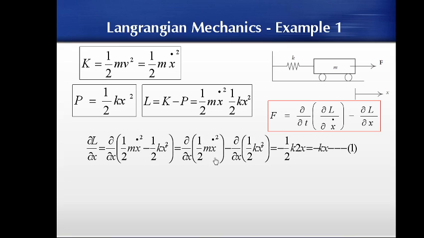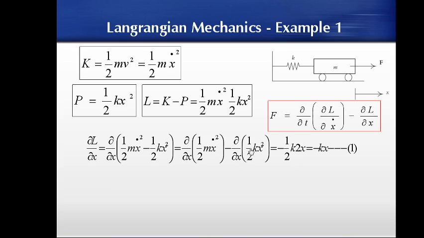In this case, you can see the first term doesn't have any terms with x, because ẋ is different from x, since ẋ is equal to ∂x/∂t. So this term will give you 0, and here you can see this has an x term, where ∂/∂x of xⁿ is equal to n into x raised to n minus 1.